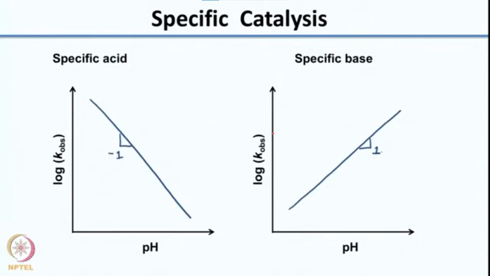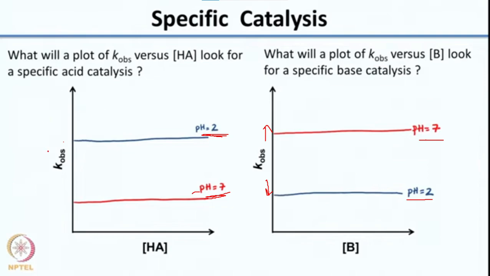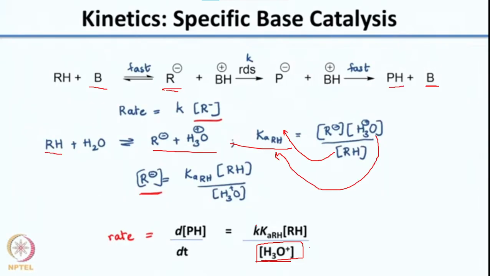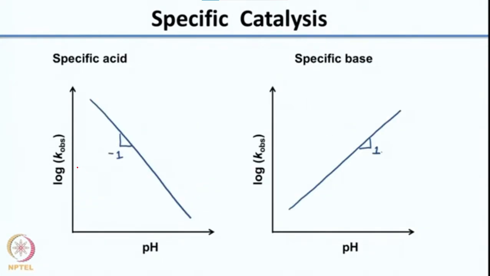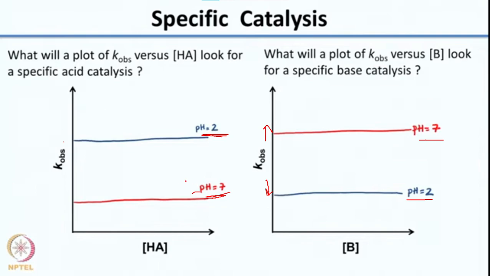So this is a graph for specific acid and specific base. Here we were talking about the k observed value only, right? Now we are going to talk about the log k observed value versus pH. When the pH increases in specific acid catalysis, the log of k observed decreases. pH increases means acidity decreases.